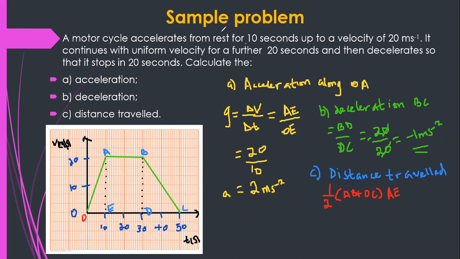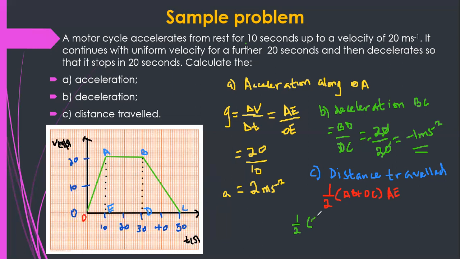So let's try to apply it. We have 1 over 2, brackets, AB. What is AB? Look at what we have from here to here. This is 10 and this is 20.